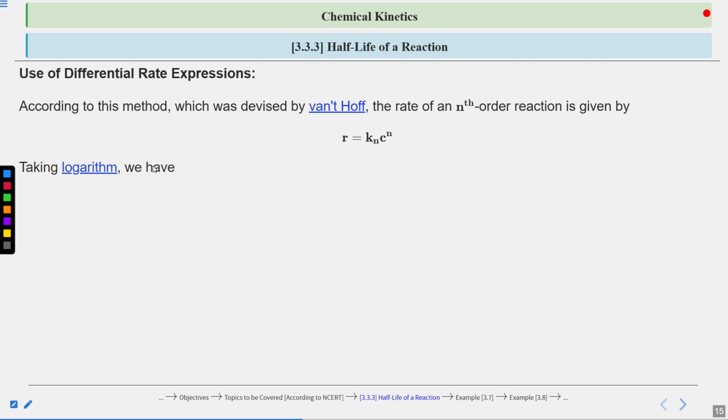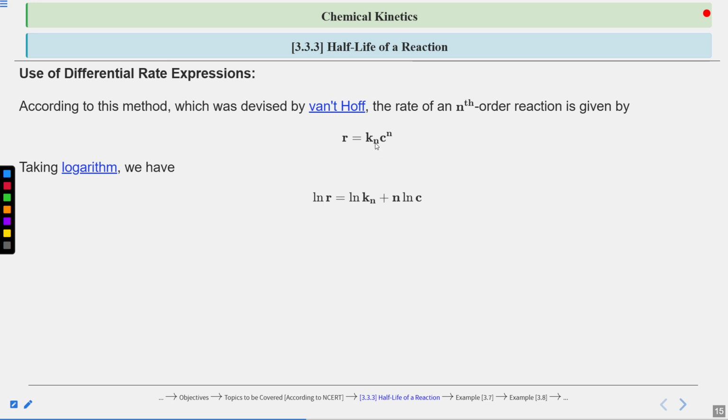Now you have to take the logarithm of both sides. So we have log, or you can say ln r equals ln k plus n ln c. Here we just use the properties of ln or log. If two terms are in multiplication and you take the log, you can write it as log of the a term plus log of the b term.